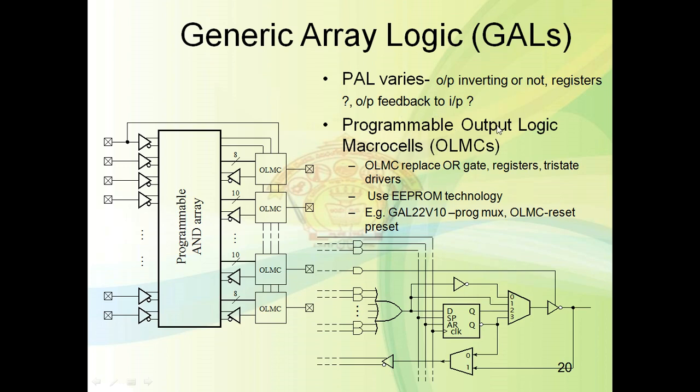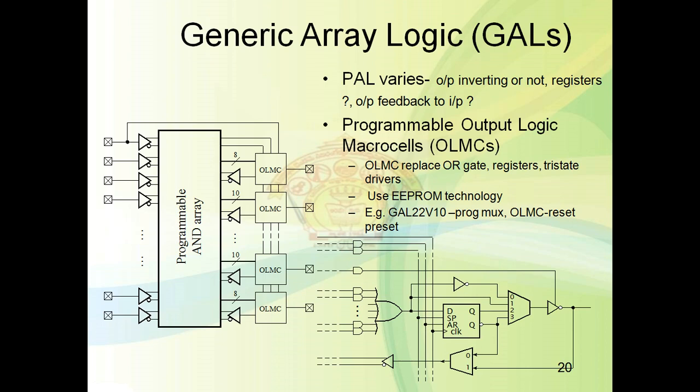In the case of generic array logic, the output logic macro cell, OLMC, is used. The generic array logic provides the output logic macro cell that replaces the combination of OR gate, registers and tri-state drivers in the PAL output.